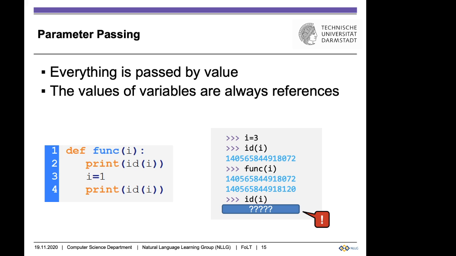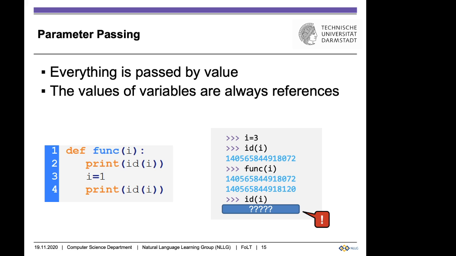Then according to the definition of this function on the left side, we can get the second address and the third address. Notice that the second address is equal to the first one, but the third address is different from the other two. This is because the local variable i is assigned a new address and a new value.